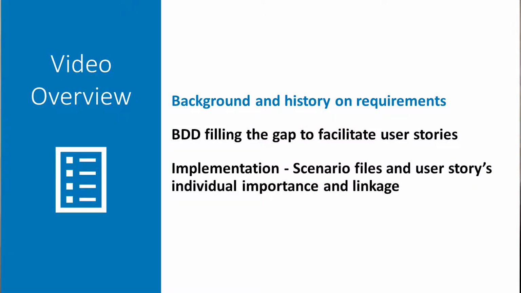First off, a little bit on requirements and my understanding on that. User stories are essentially something which we started to replace traditional requirement documents with, right? Before Agile, we used to have waterfall, and that had requirement documents.